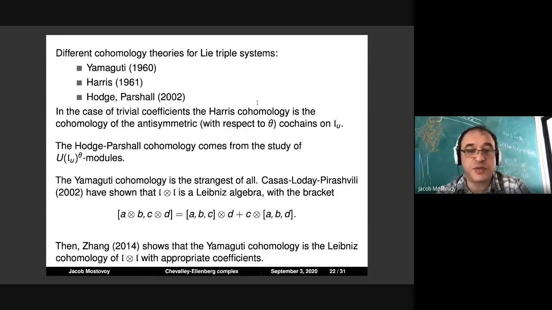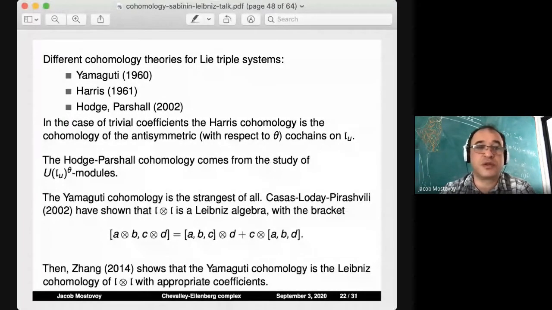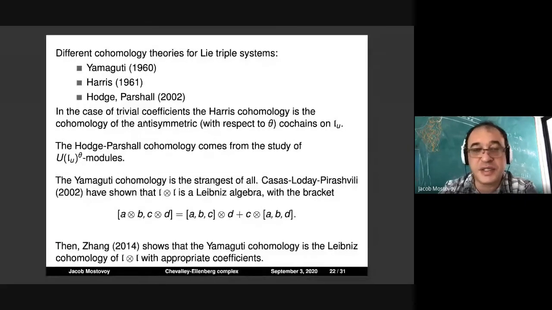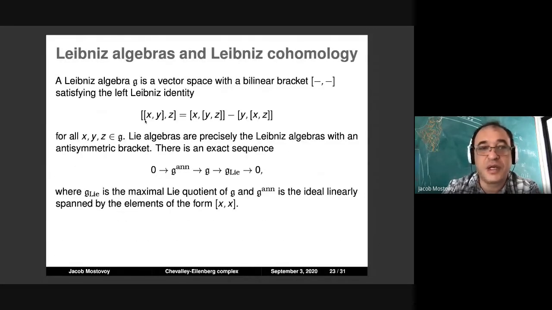So this brings us to the second subject, for which I have like 10 minutes. And this is that of Leibniz algebras. A Leibniz algebra is basically a non-antisymmetric version of a Lie algebra. And for each Leibniz algebra, of course, we can antisymmetrize it and get a Lie algebra.